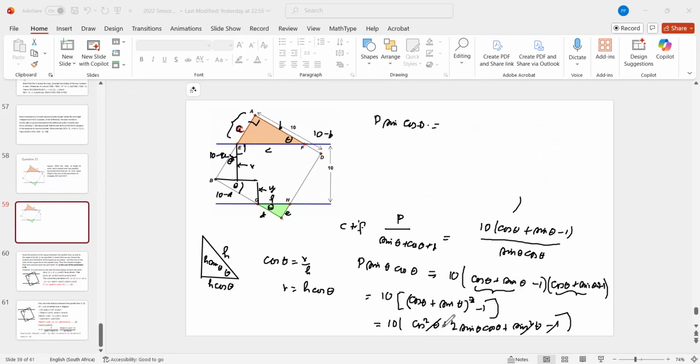On the right-hand side, it simplifies very nicely because that one goes off. I got 10 outside, so I got 20, 10 times 2 sine theta cos theta. How about that? Cancel that, and you get P equals 20.